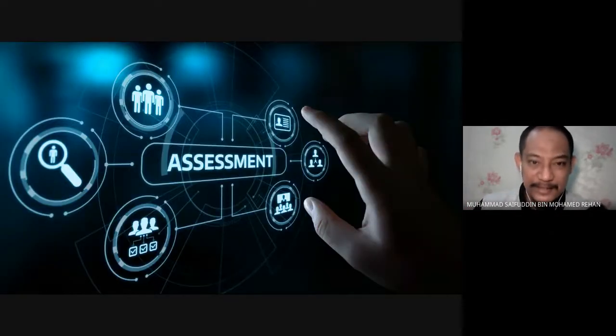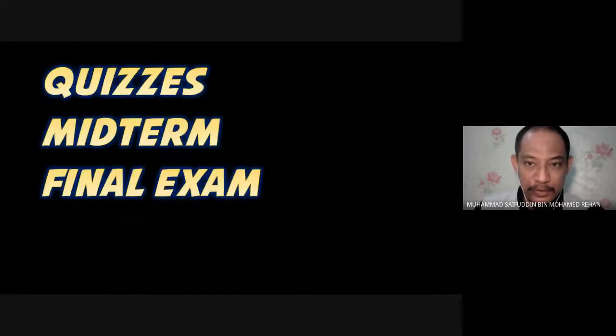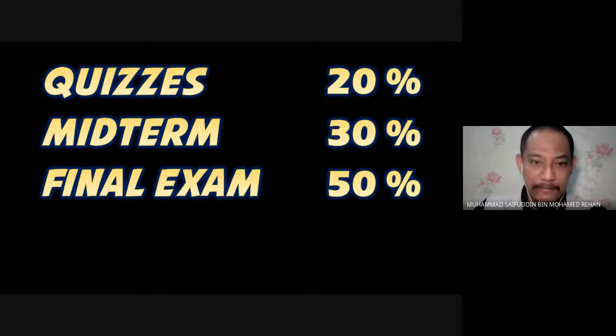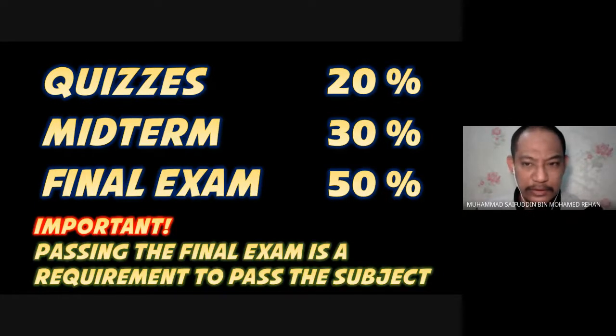Now going to the assessment. So we have quizzes, midterm, and final, with the marks as shown there. The final exam will give you 50%, the midterm will give you 30%, and the quizzes will give you 20%. Now, an important note here is that currently the kuliah is implementing this rule, right?